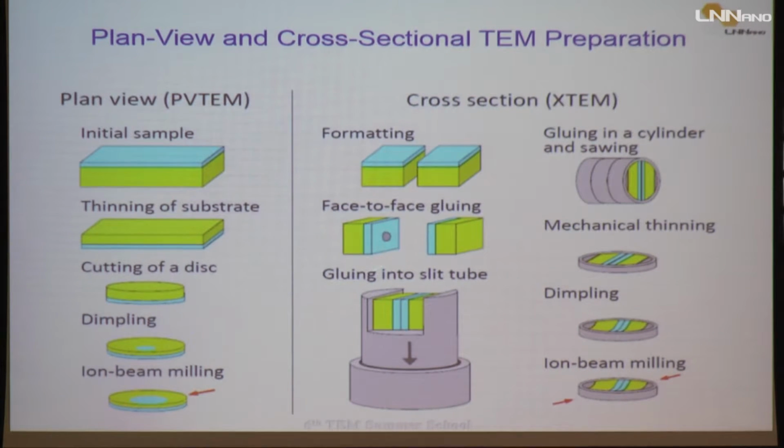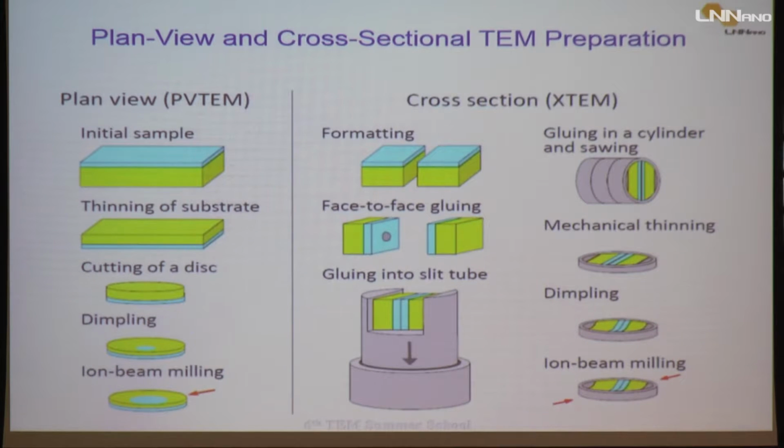We put this glued face-to-face sample inside a very small tube, okay, with more glue or resin. Now we have a tube of 3 millimeters, okay, that will be your sample in the end, okay. And then you cut this tube. It will be a cylinder.